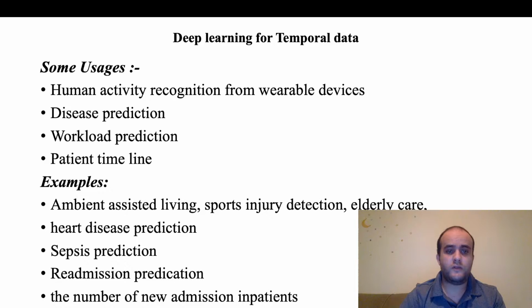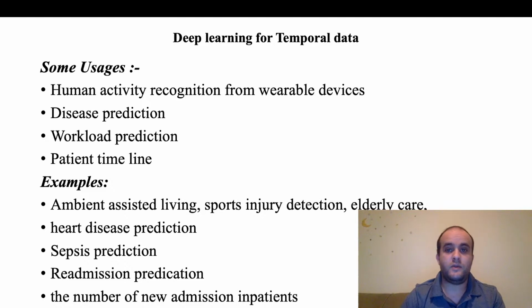It can also be used for workload prediction and patient timeline, heart disease prediction, and readmission, how many people can be readmitted to the hospital and how many new admissions there will be.